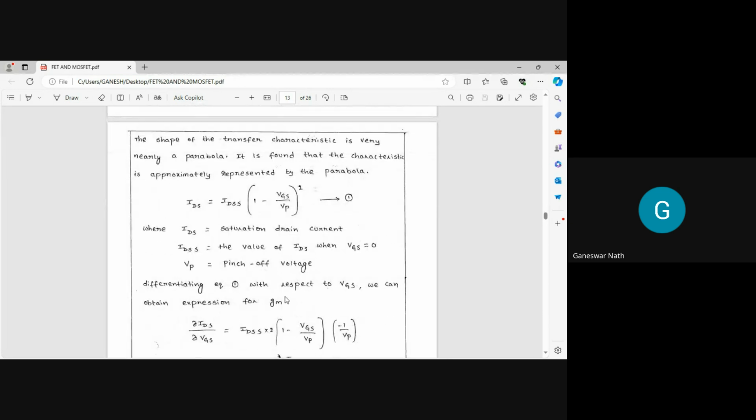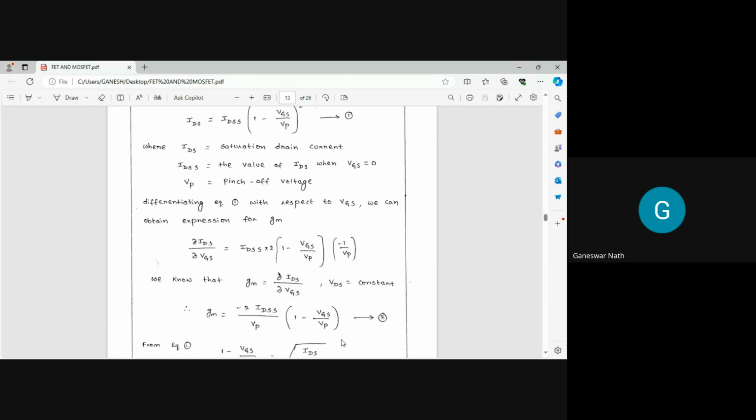Now, if I differentiate this equation 1 with respect to VGS, we find delta ID by delta VGS is equal to IDSS into 2 into 1 minus VGS by VP into minus 1 by VP.